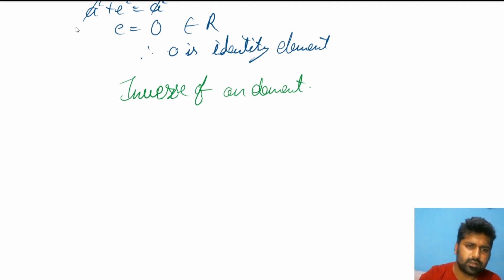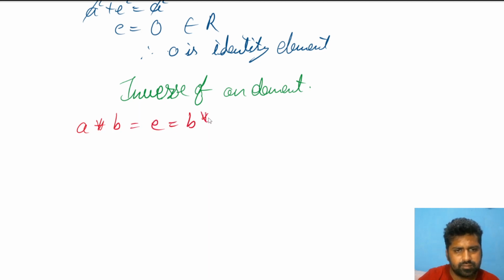Inverse is something like, the definition goes like this: A star B is equal to E is equal to B star A. Kind of like you can relate it with a matrix, na?